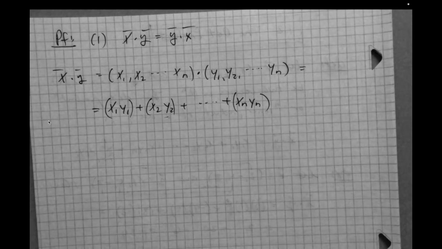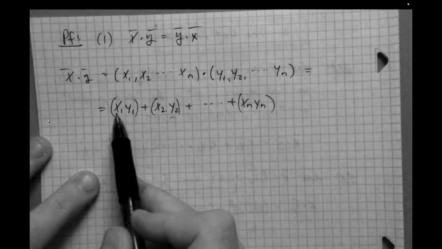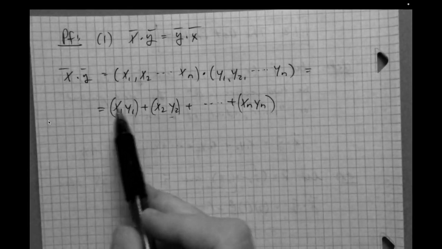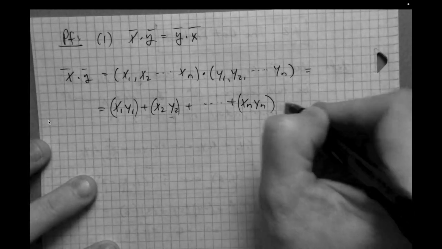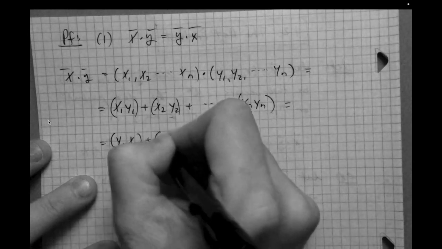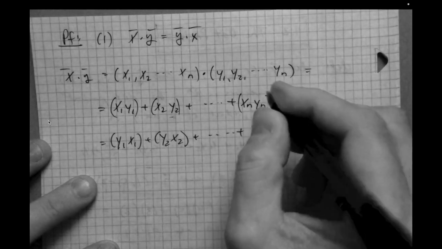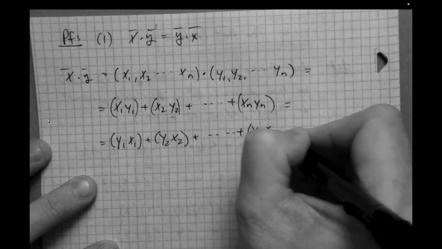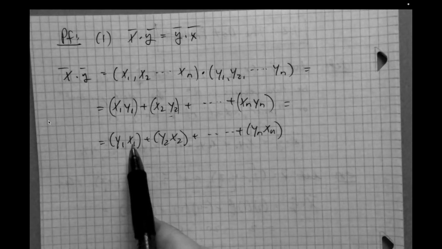A real number. Now notice that in this expansion, x1, y1 are just real numbers, so you could easily reverse the order of them, right? In particular, I could write y1 x1 plus y2 x2 plus ... plus yn xn, because these are just real numbers. This is like 2 times 4, same as 4 times 2.